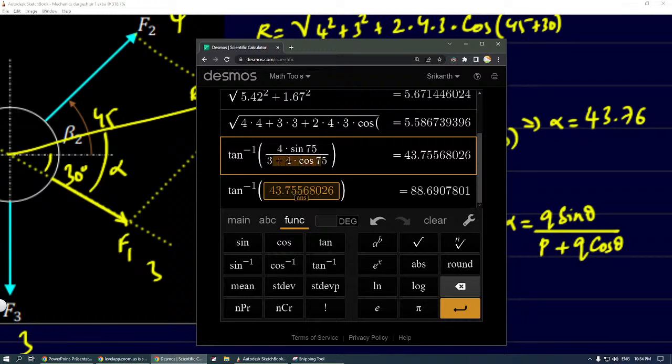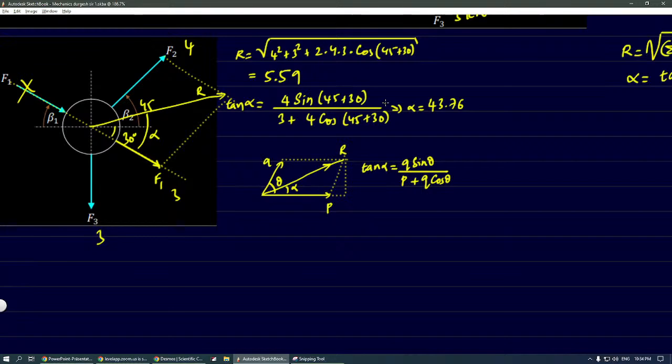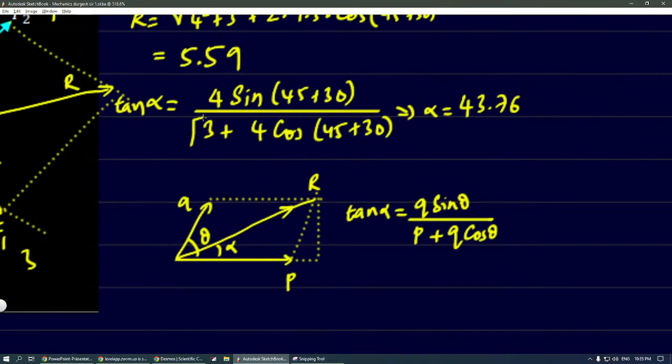But you didn't use a bracket, because of which it went into the numerator. Sir, I used a bracket too. But for the denominator, one more bracket you have to use. Sir, I first found the answer for the numerator, then divided it by the denominator. While dividing, you have to be careful. So 4 sine 75 is 3.86, divided by this entire thing in a bracket. Oh, okay. So 3 plus 4 cos 75.